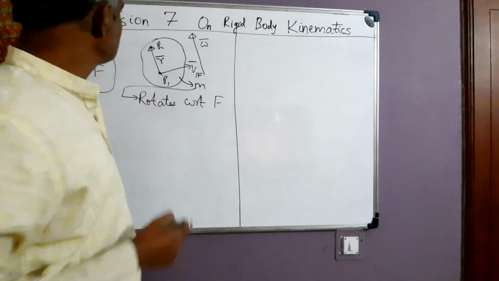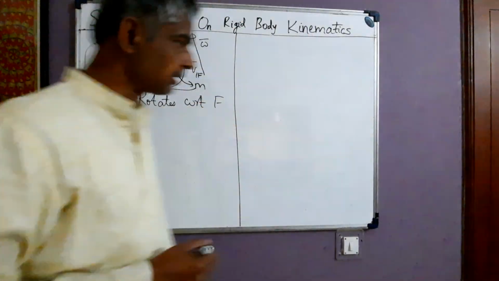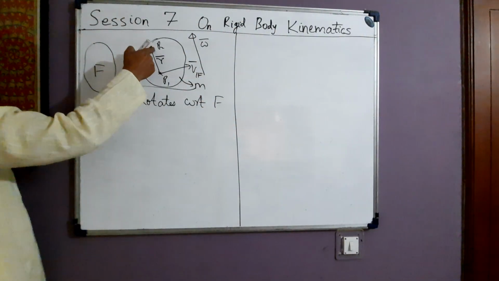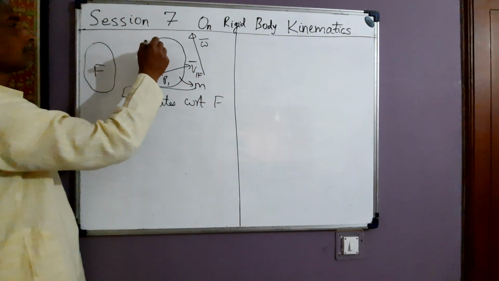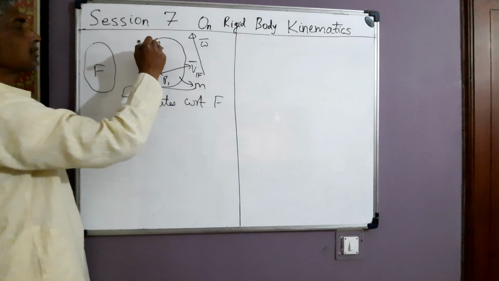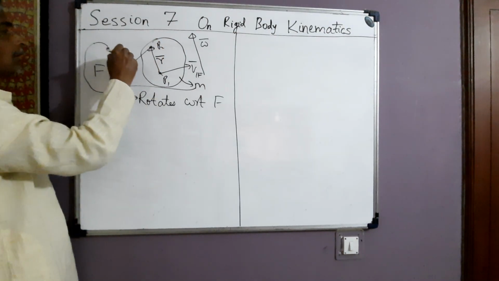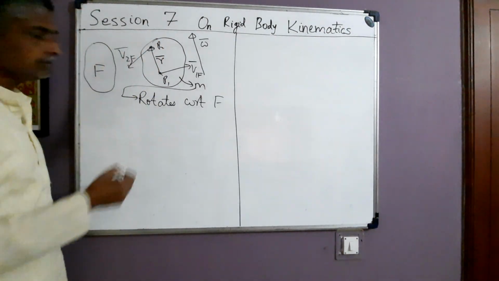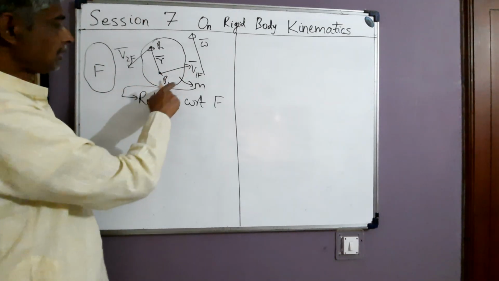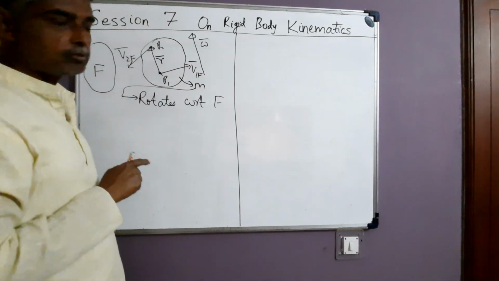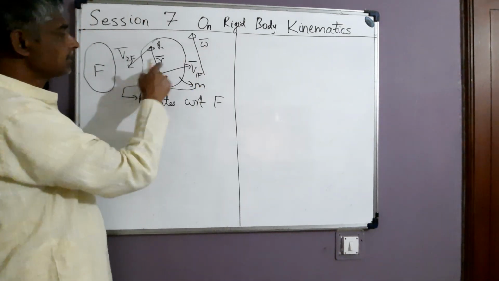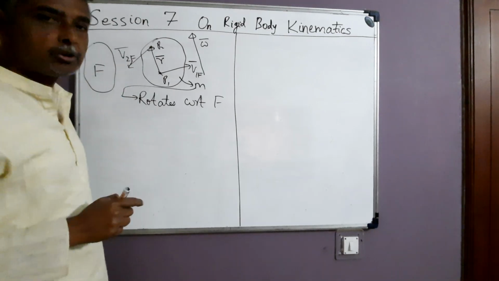As was discussed in the second video on rigid body kinematics, the velocity of point P2 with respect to F, shown arbitrarily, so M is a body which rotates with respect to F. V1F is given, omega is given, R is given. We have to determine V2F.